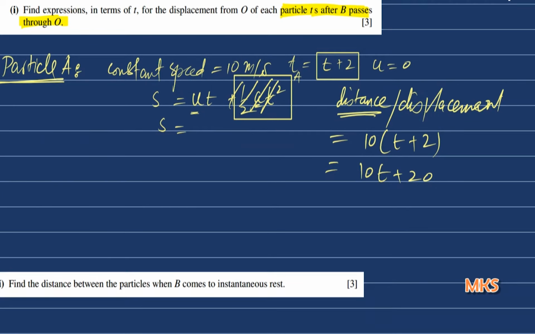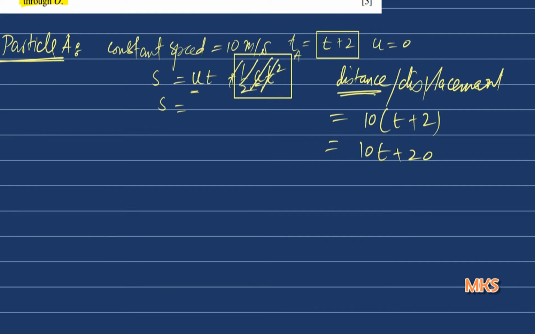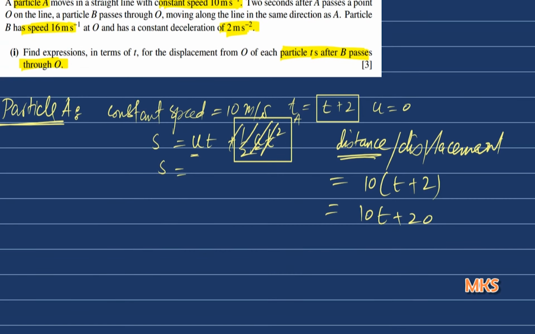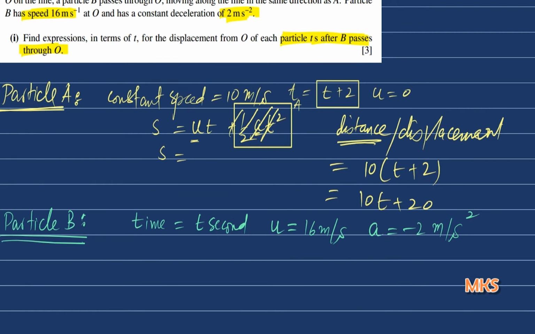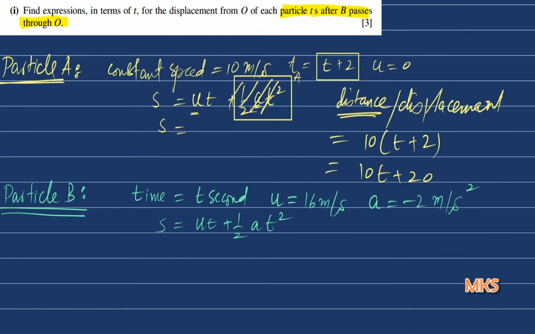But in the case of particle B, it has a different situation. Time taken is t seconds. Initial velocity is 16 meter per second. a is minus 2 meter per second square, and we have to find S in terms of t.